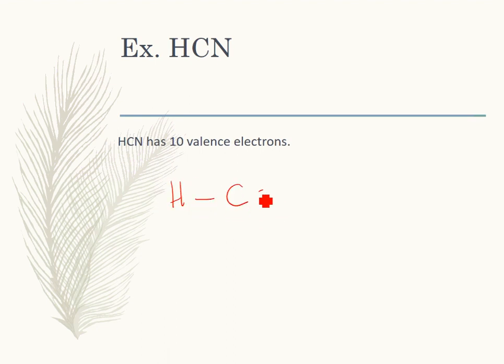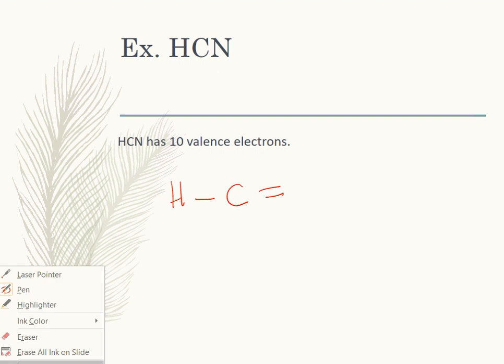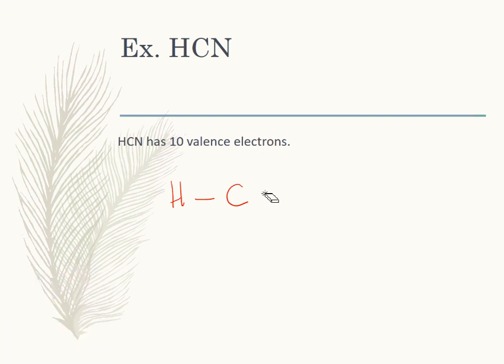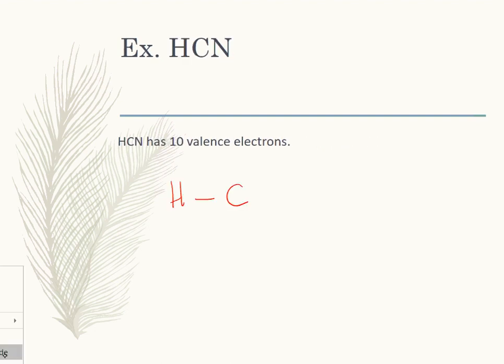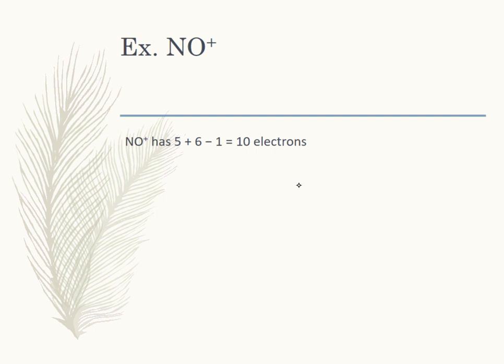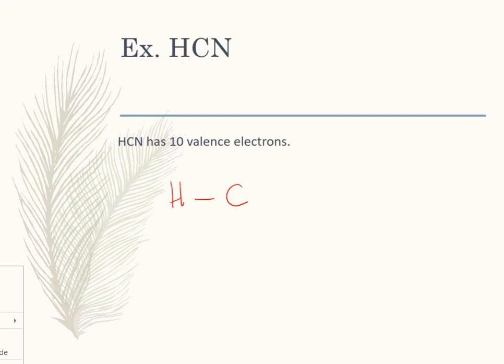Here is our skeleton drawing. Let's just do singly. Let's get this right. There we go. So at that point we have 10 electrons. We can't put more around hydrogen. We've already used 4, 6, 8, 10.